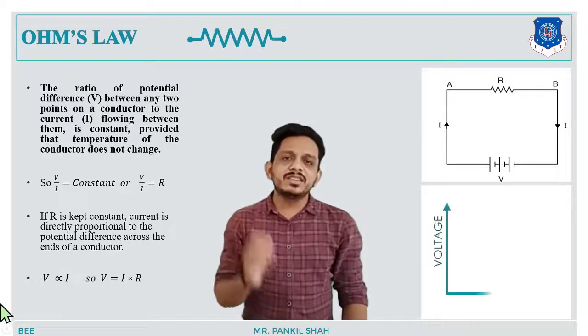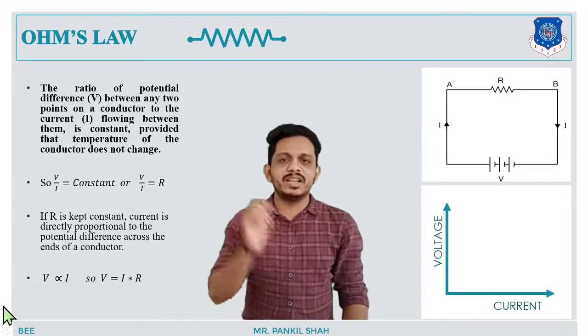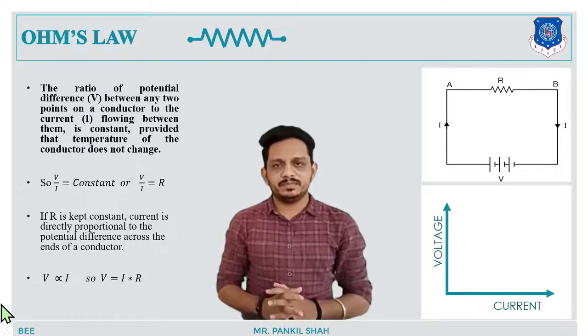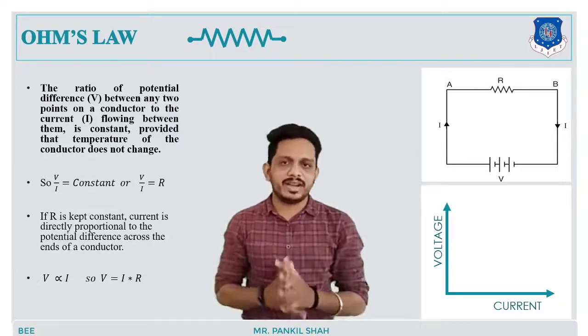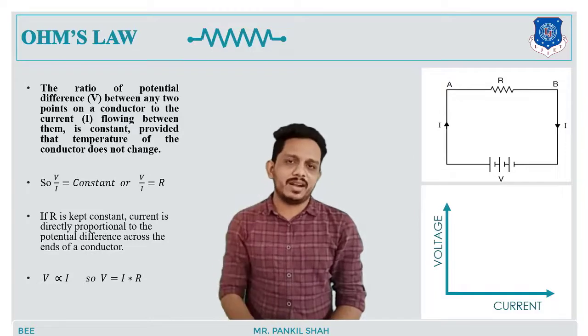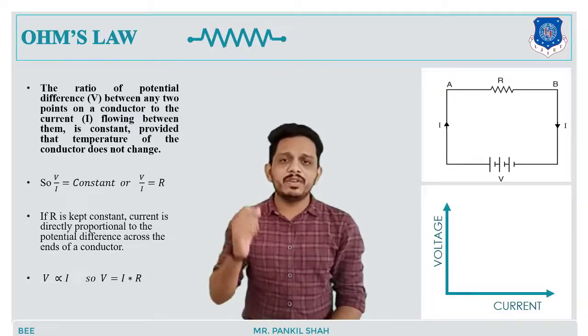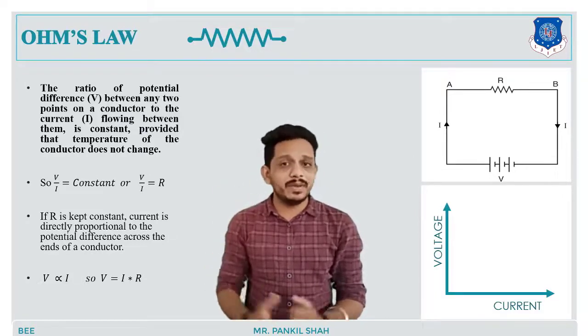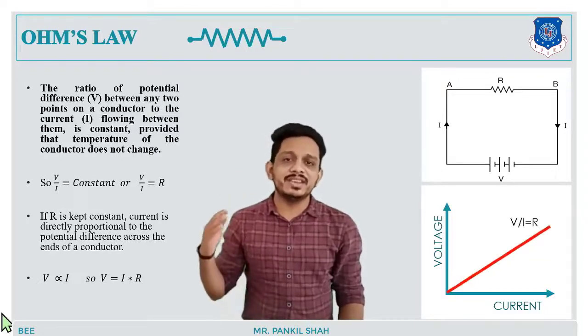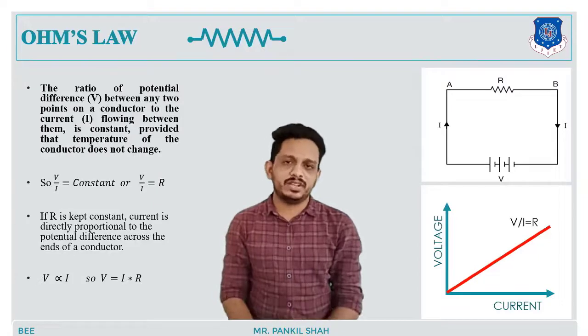Now let's see the characteristics between voltage and current. In Ohm's law, if you draw the characteristics between voltage and current, it will always be a straight line because the ratio between voltage and current is constant. That means if voltage increases, current will increase linearly with respect to voltage.